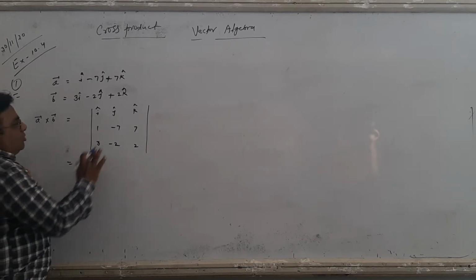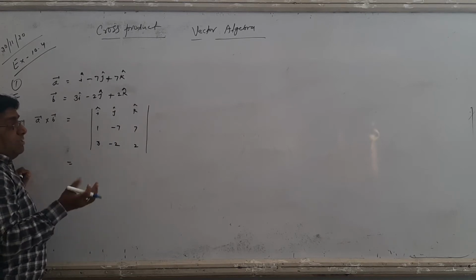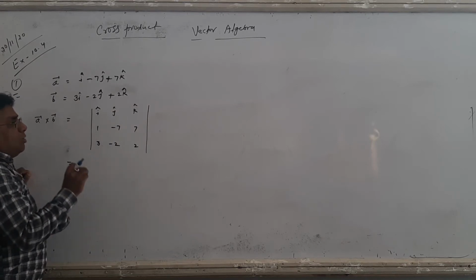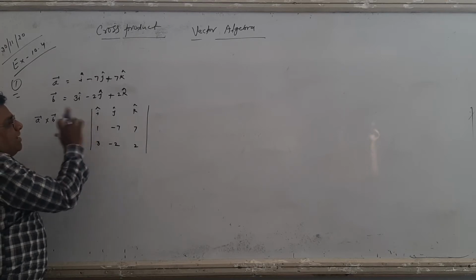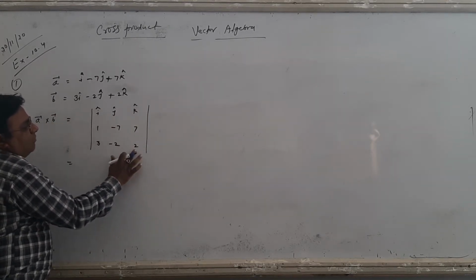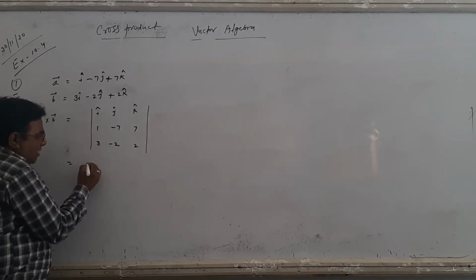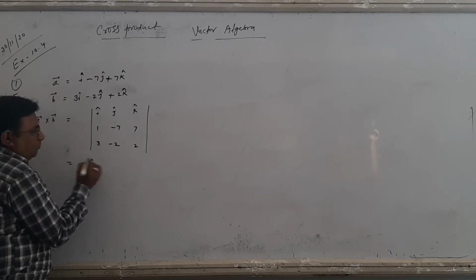Expanding along the first row, this is the formula: small a11, capital A11, small a12, capital A12, small a13, capital A13. Small a11 is i cap. First row, first column: minus 14 plus 14, that is 0 i cap.